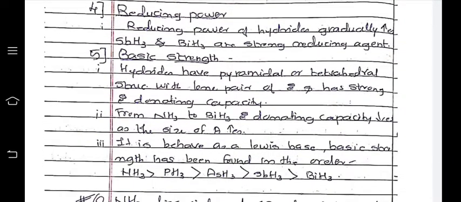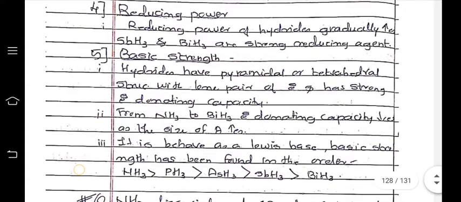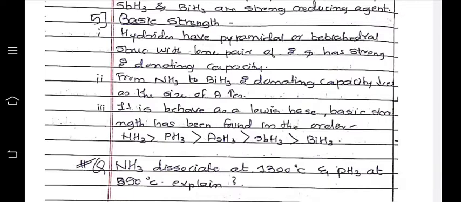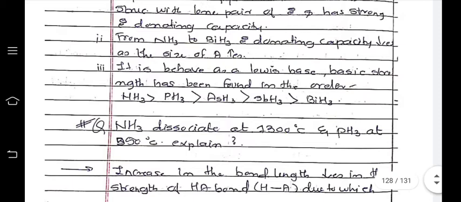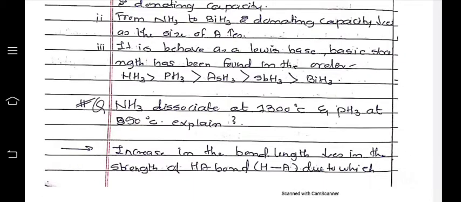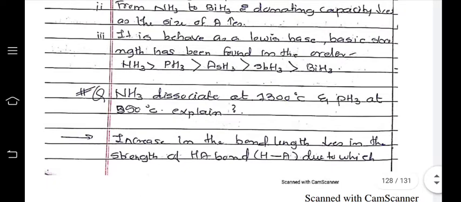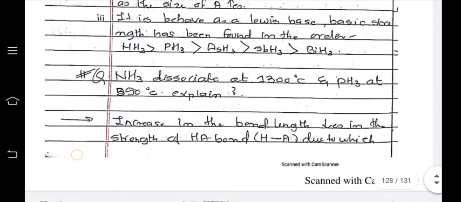Reducing power. The reducing power of the hydrides gradually increases. SbH3 and BiH3 are strong reducing agents. Basic strength: hydrides have a pyramidal structure with a lone pair of electrons and a strong donating capacity. From NH3 to BiH3, the electron donating capacity decreases as the size of the atoms increases.